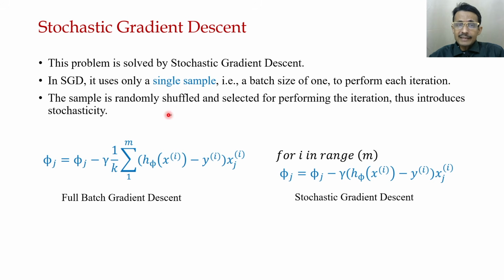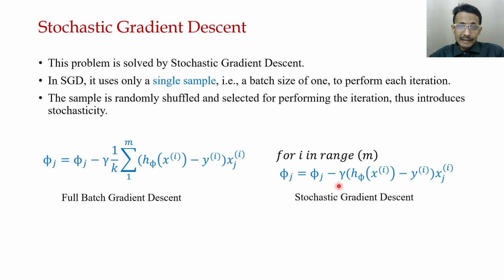This sample is randomly shuffled and selected for performing the iteration, and this introduces the stochasticity. Now this formula becomes this. Here there is no summation over 1 to m; rather only a single sample i has been chosen. And if this choice represents the data set well, then this will work well.